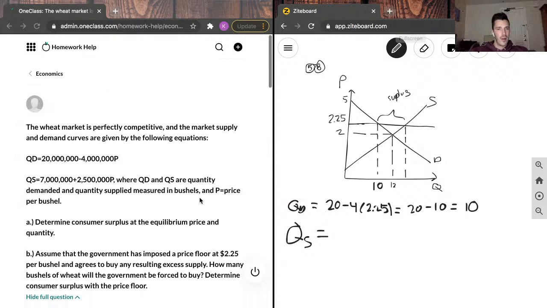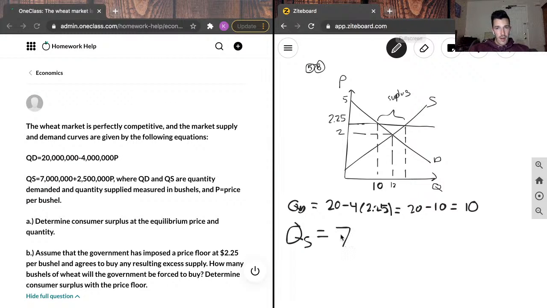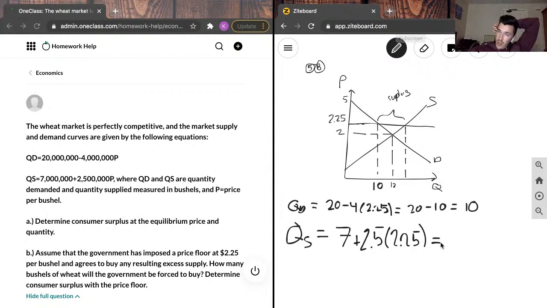Similarly, we plug it into the quantity supplied. The equation for quantity supplied is what? 7 plus 2.5 times 2.25. It's going to equal 7 plus 5.5, which is what? 7 plus 12.5. Is that correct?